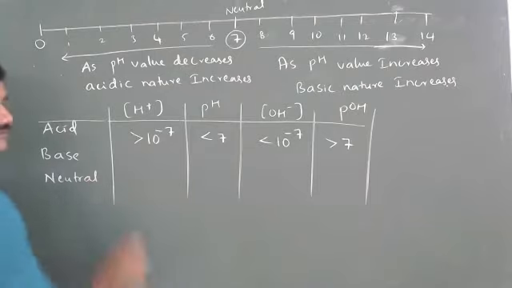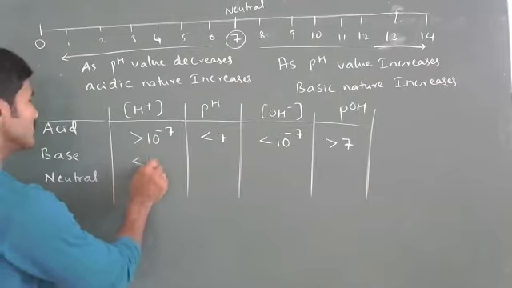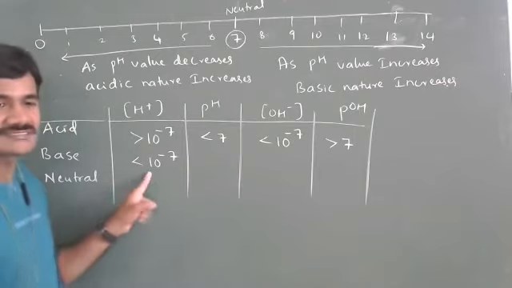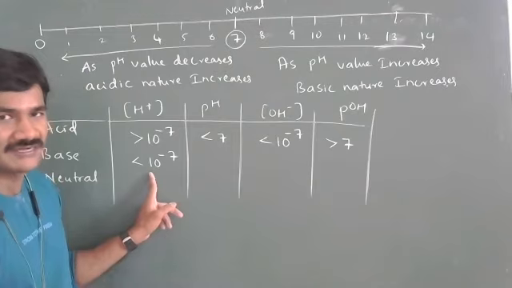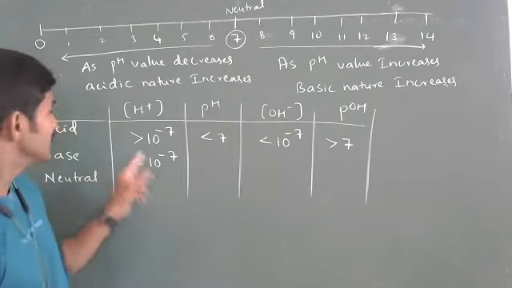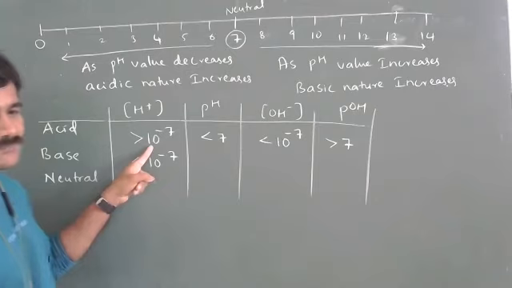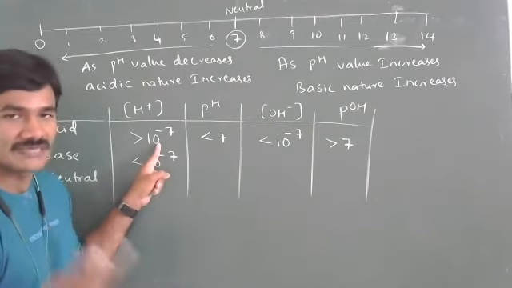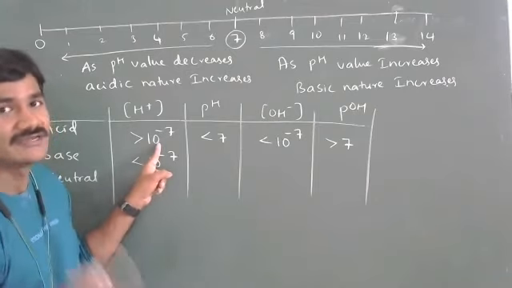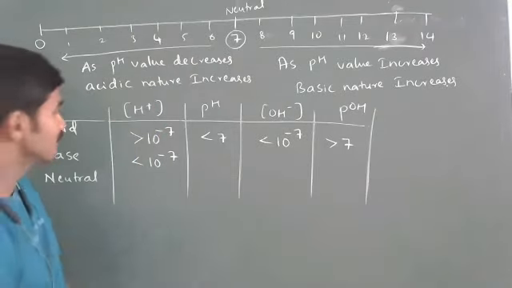For acids, H plus concentration should be greater than 10 power minus 7, meaning 10 power minus 6, 10 power minus 5, 10 power minus 4. If you write like this, the pH value decreases.